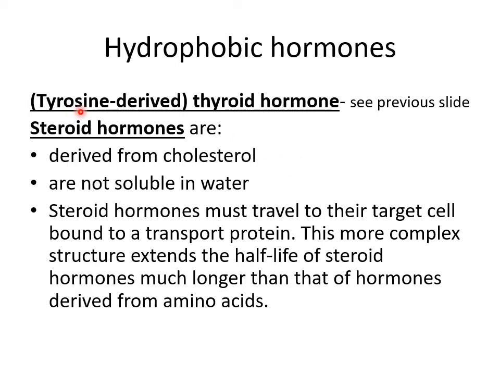So steroid hormones are able to easily pass through membranes, but they need help moving around in aqueous compartments like the plasma, the extracellular fluid, and the cytoplasm. Usually they're bound to binding proteins that have little hydrophobic pockets to help carry them around in these fluids.